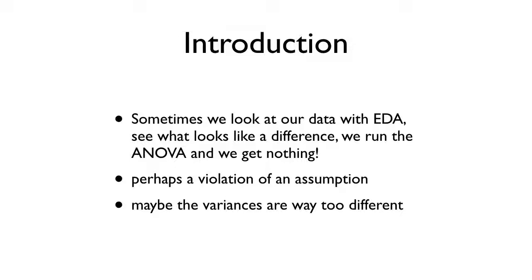So a lot of times it's because your variances are really different. Let's say we have graphs that look like this. That's group 2 and that's group 1. Group 2 is different from group 1. But what if the error, so let's say this is standard deviation, let's make it way bigger. Now you can see why you might not get a significant difference, right?